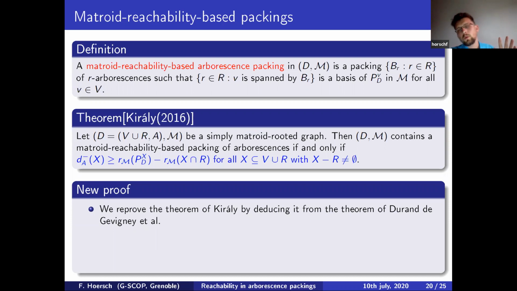And one little thing we need to take care of is that that theorem dealt with simply matroid-rooted graphs, meaning I had only one arc coming out of every vertex. So basically that theorem plays the role of Edmonds' basic theorem I showed you at the beginning. But in order to use it, we need something that rather corresponds to Edmonds' strong theorem in the matroid setting.